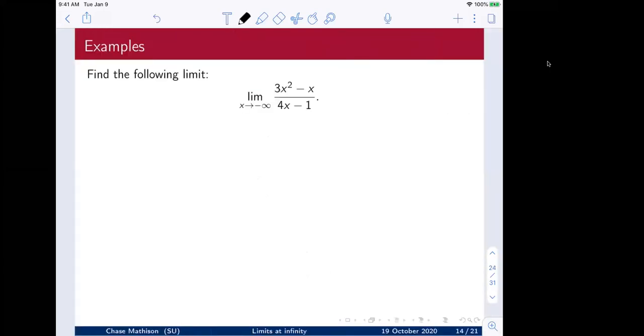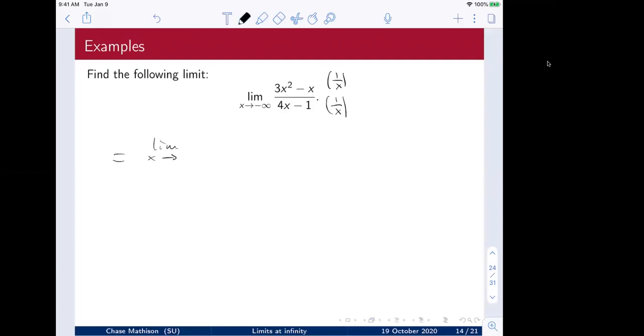Find the following limit. The limit as x approaches negative infinity of 3x squared minus x over 4x minus 1. Okay. So we're going to do the same trick we did last time. I'm going to divide top and bottom by x. Okay. So this is the limit as x approaches negative infinity.